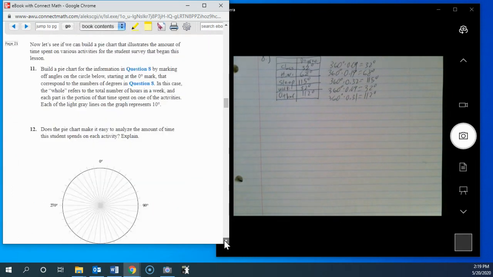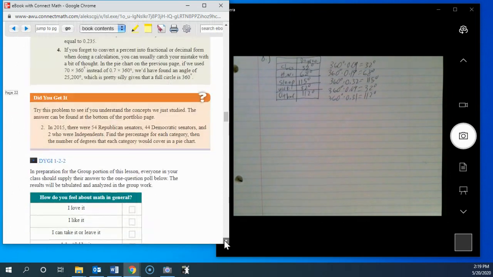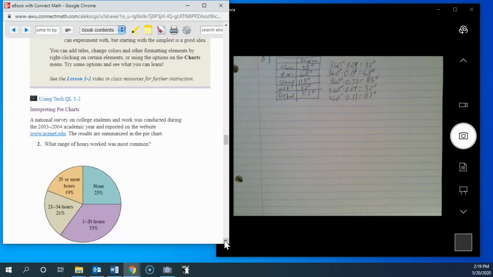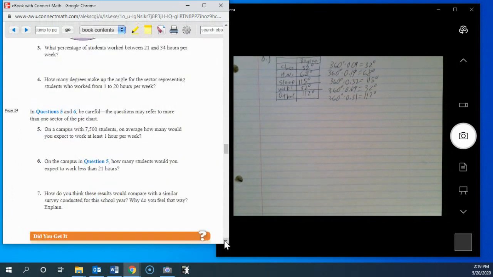Now, we need to go to, let's see, what page is this? Page 23. Need to go to page 23.